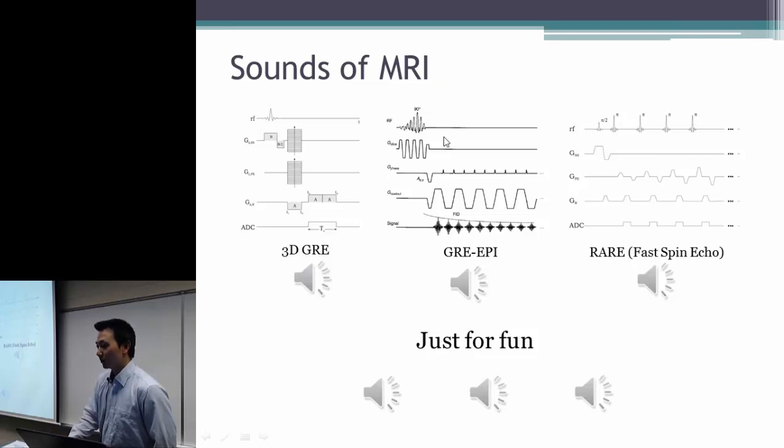If I remember correctly, they use a constantly on readout gradient, so you are always reading out, and use a very small flip angle and something like that. Because the readout gradient is always on, there is no change of the gradient, so there is no sound.